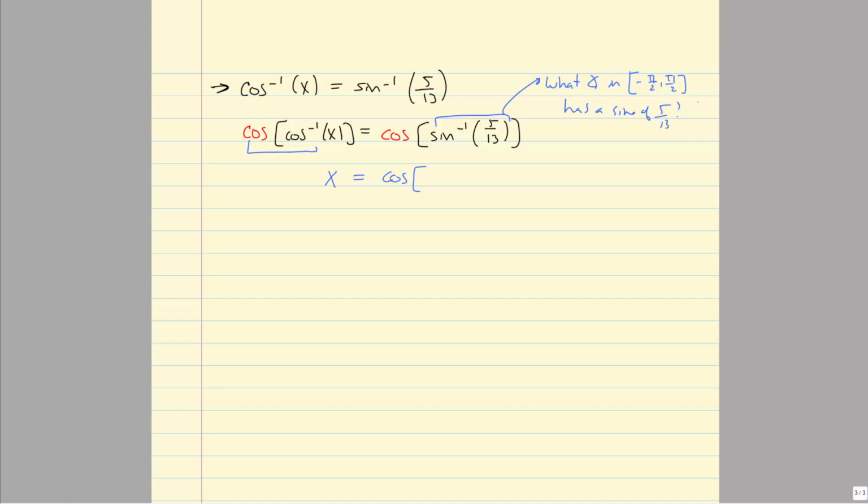And I don't know, I'm going to just call that angle theta because I don't know what angle has that. Okay, so let's go ahead and put in a theta here. So we're looking for the cosine of theta. Cosine of theta again is adjacent over hypotenuse. So what I need to do is I need to draw up a right triangle, mark my angle theta. So the sine of theta is 5/13.